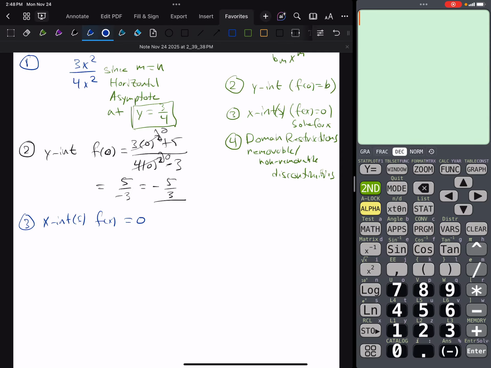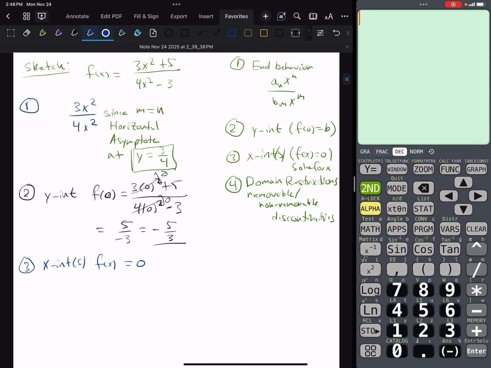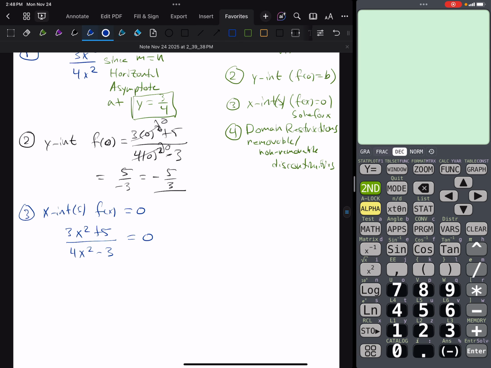That was 3x squared plus 5 divided by 4x squared minus 3 equals 0. I didn't even have to write that out because I know the first thing I'm going to do is multiply both sides of the equation by that denominator. So I really only needed to set the numerator equal to 0 to find the zeros for these polynomials.